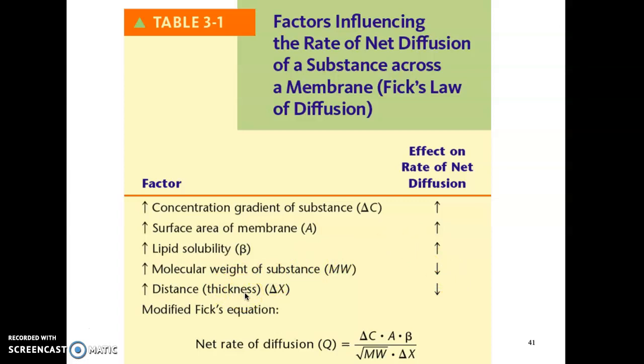If there's a lot of fluid somewhere and this molecule needs to traverse the membrane and then get past this fluid and then get to another cell, that's a greater distance, or it could be the thickness of the membrane, the harder it is going to be for it to cross. So it's those 5 variables that are going to determine the rate, the speed at which this molecule can cross that membrane. So rate is thought of sort of as distance over time.